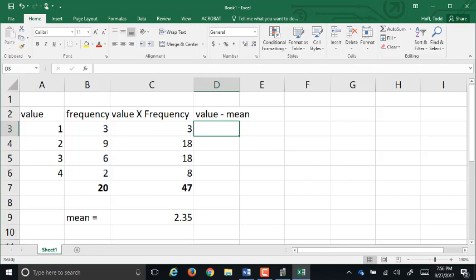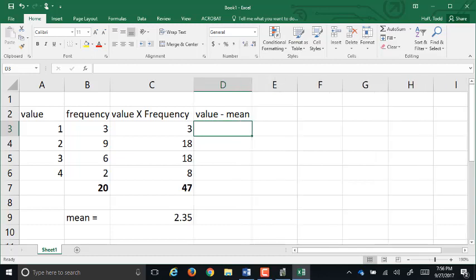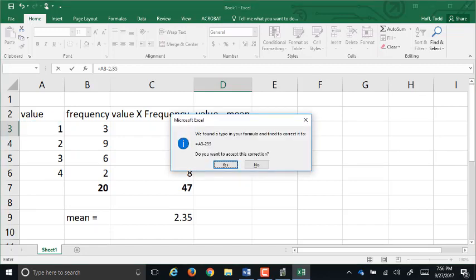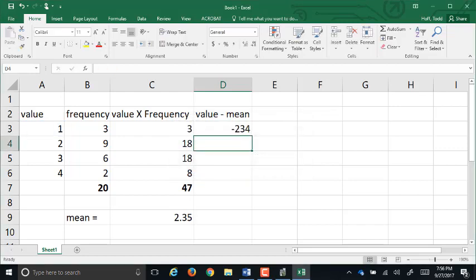Value minus the mean. So here that's going to be this number minus, what's our mean? 2.35. Oops, I screwed that up. Yep. So 1 minus 2.35 is negative 1.35. 2 minus 2.35 is going to be a negative 0.35.